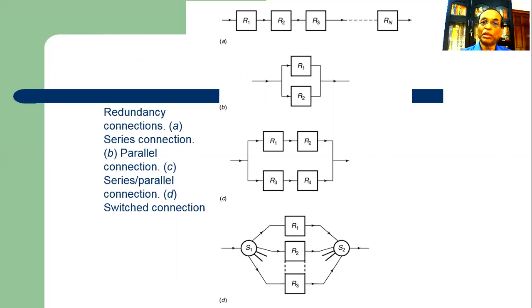There will be a large number of devices on board, but a facility will be there just to switch them on and off. So it is the series connection, parallel connection, series parallel connection, then the switched connection.